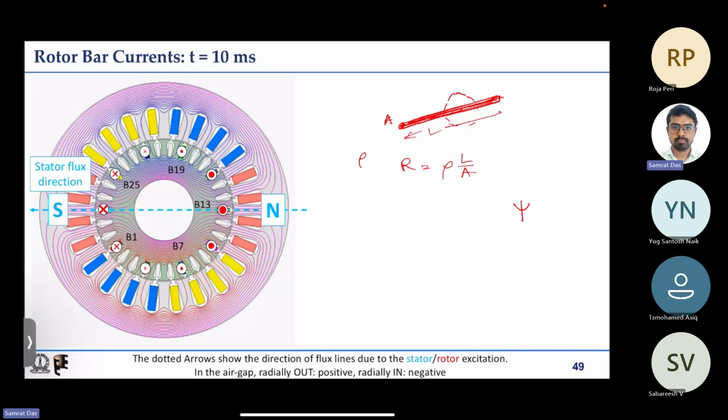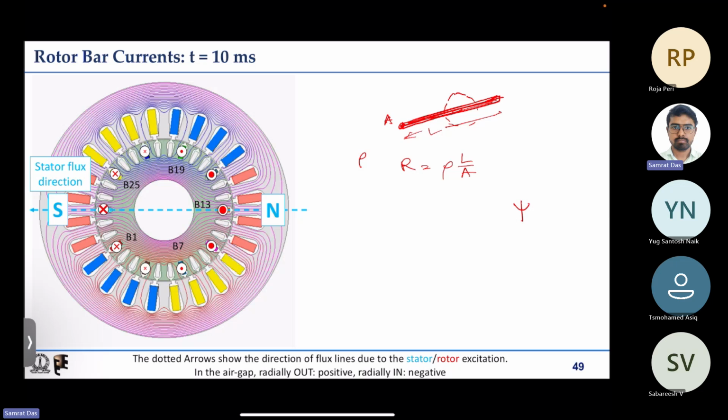If you pass 1 ampere of current, whatever the number of flux lines enclosing it, if you inject 2 ampere of current, it is supposed to double if it is a homogeneous medium like air, or a magnetic material with constant permeability.